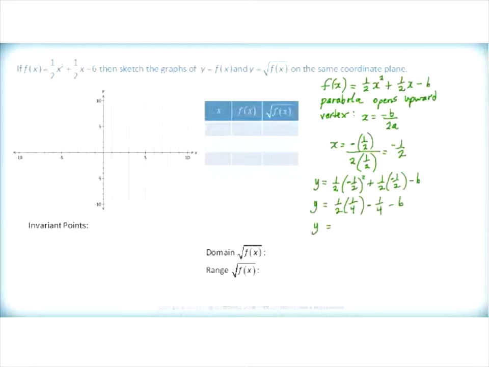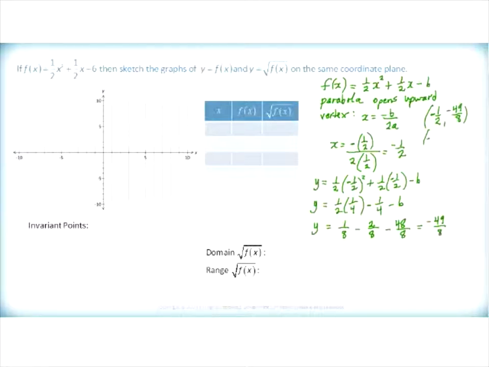So then we have y equals 1 over 8, and we can express the other two terms with a common denominator of 8. So negative 1/4 is the same as negative 2 over 8, and negative 6 is the same as negative 48 over 8. When you work that out, you get the value of y to equal negative 49 over 8. So the exact coordinates of the vertex of this parabola are at negative 1/2 and negative 49 over 8.